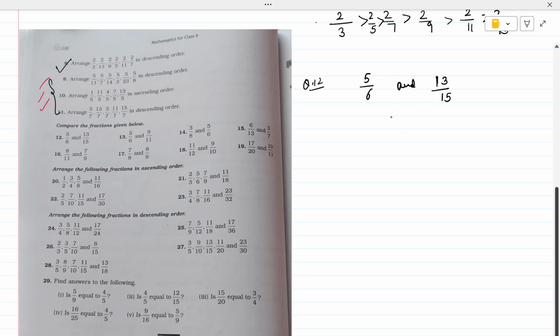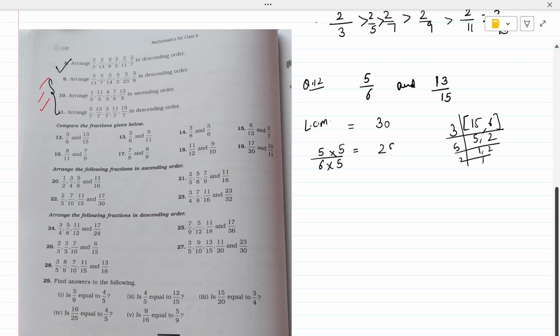We are going to find their LCM first to make the denominator the same. LCM of 15 and 6: this is 3 into 5, 3 into 2, and then 5 with 5 and with 2 also. The LCM will be 30. Now let's change the fractions. 5 by 6, we multiply with 5 to make it 30, and the numerator also.